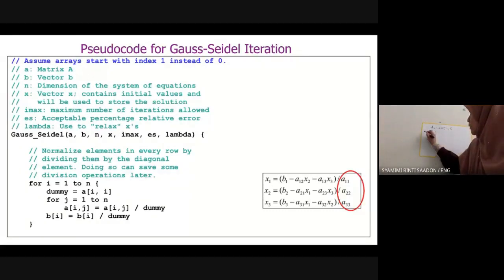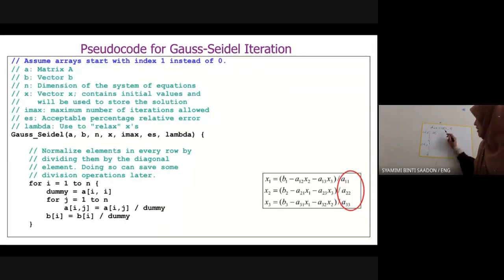Means i1 and j 1 until n. And then we go to i2 and j 1 until n. Okay, until we repeat again i3, j 1 until n. Okay, that's how the computer will read your programming. Okay, until i equals to n, and then j 1 until n.